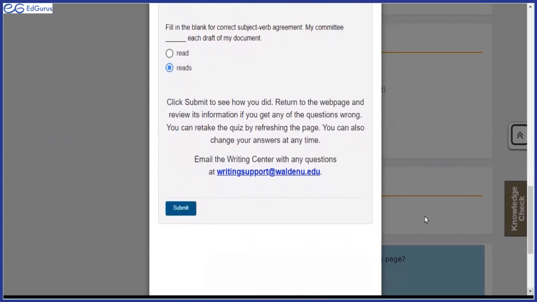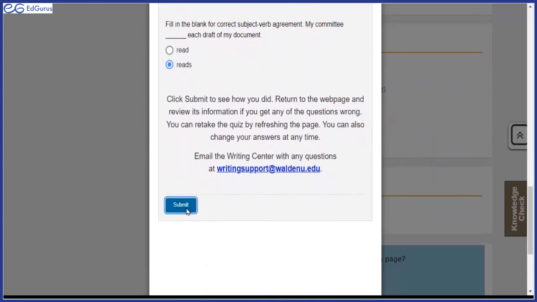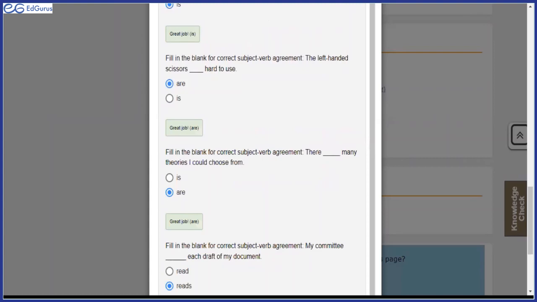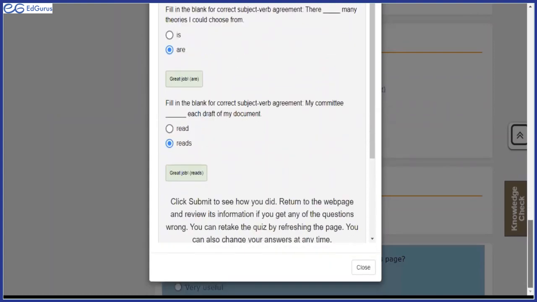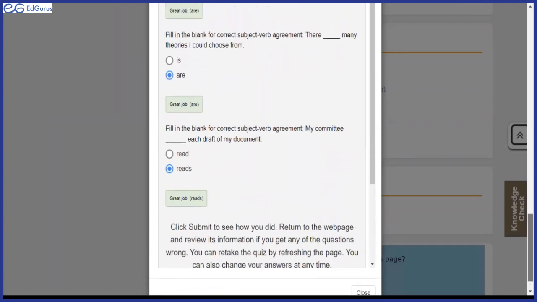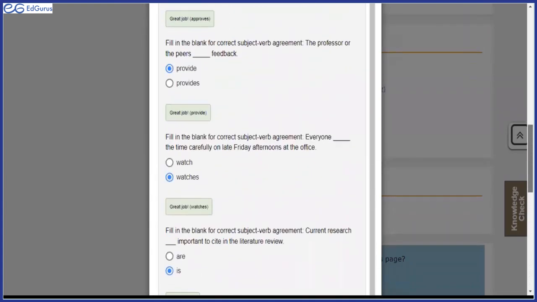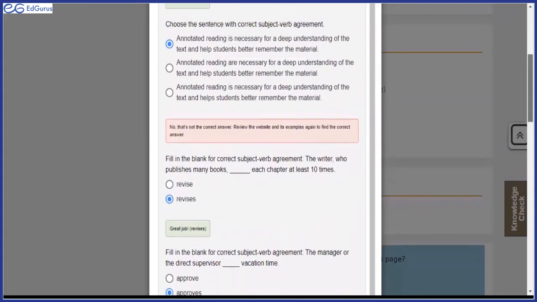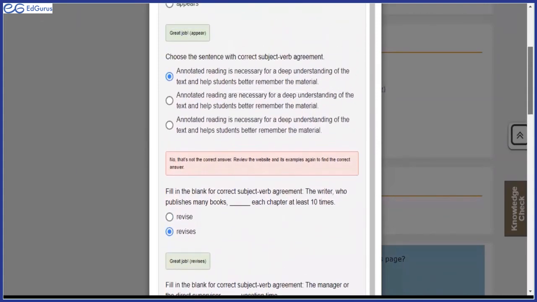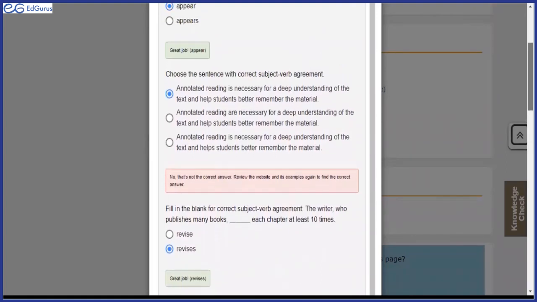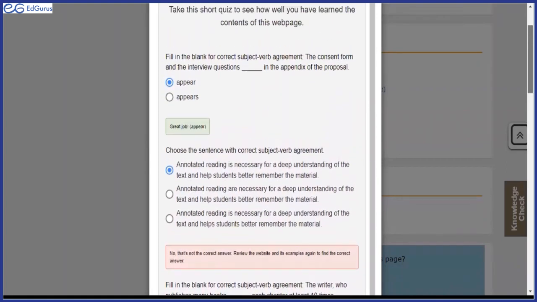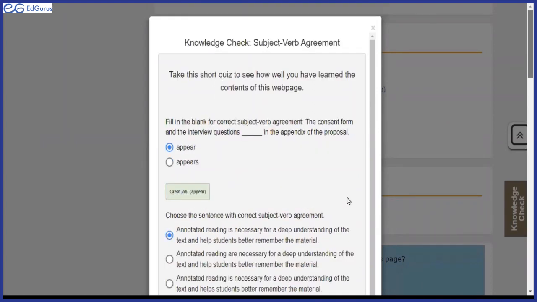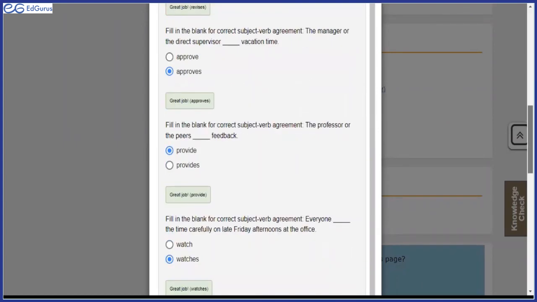Now let us see if we are right or not. This answer is incorrect. No. Which one is incorrect? They say this is not correct, but this is correct. Just leave it.